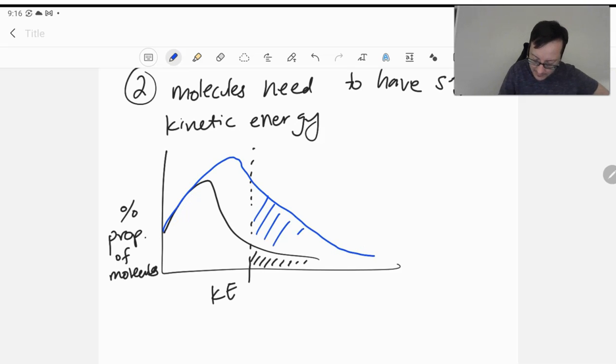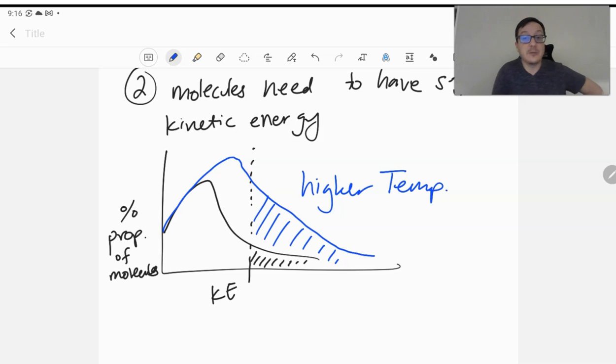And now we have even more energy. So the blue one is the higher temperature graph. Remember that temperature is related to kinetic energy. So the higher the temperature, the more molecules have the specific amount of kinetic energy needed for a particular reaction. And so we'll see, for reactions in general, increasing the temperature will increase the rate. As we know, k is temperature dependent. As we increase temperature, we increase k, the rate constant.